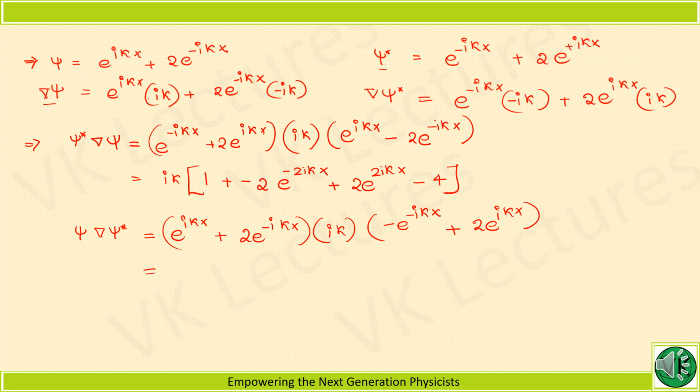That is equal to ik, again taken out, e to the power ikx times minus e to the power minus ikx, that is minus 1, plus e to the power ikx times 2 e to the power ikx, that is 2 e to the power 2ikx, then 2 e to the power minus ikx times minus e to the power minus ikx, so minus 2 e to the power minus 2ikx, and again plus 4.